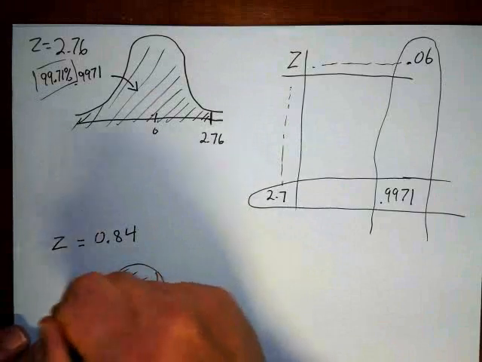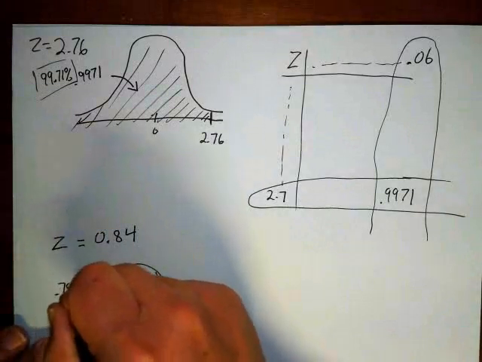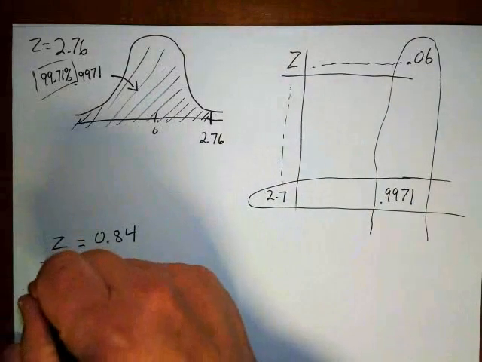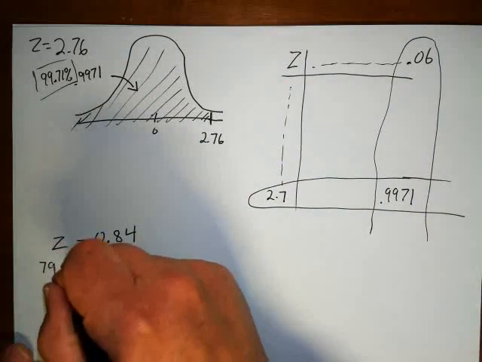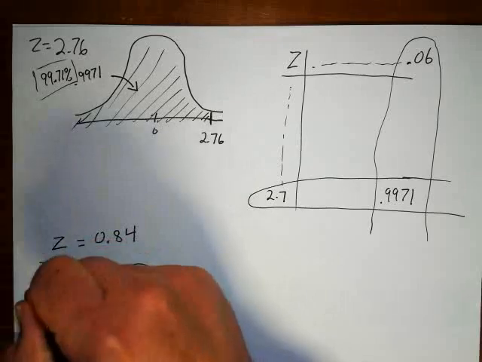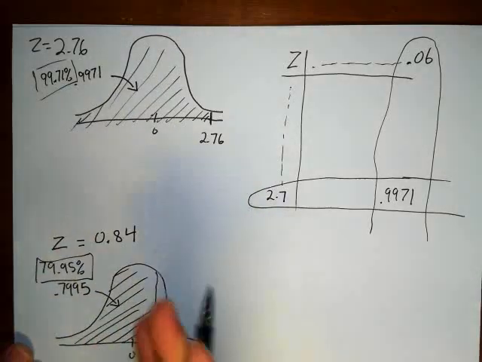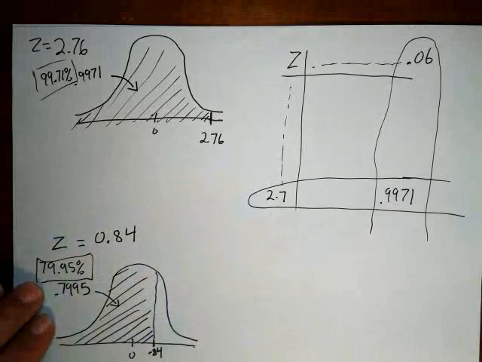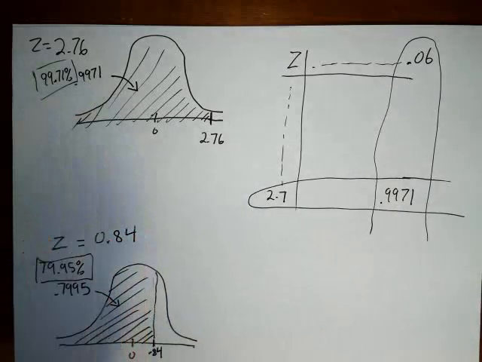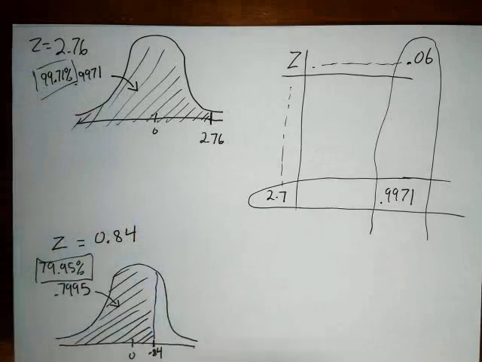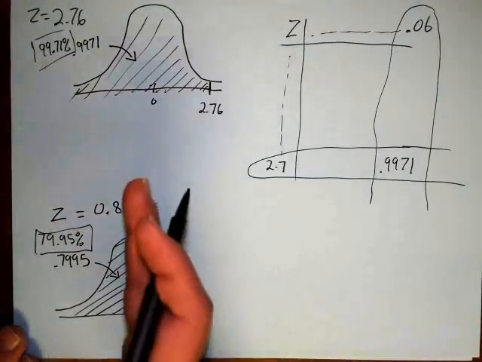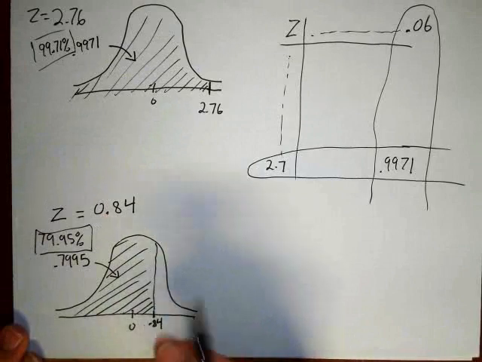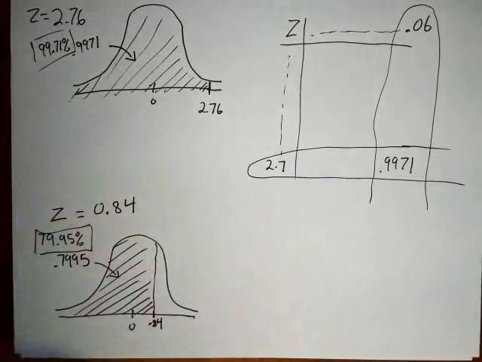So this would be 0.7995, and that would be 79.95% of the population having a z-score less than 0.84. Okay, so that gives you the amount of the population that has a z-score less than this, 0.84. All of these values here.